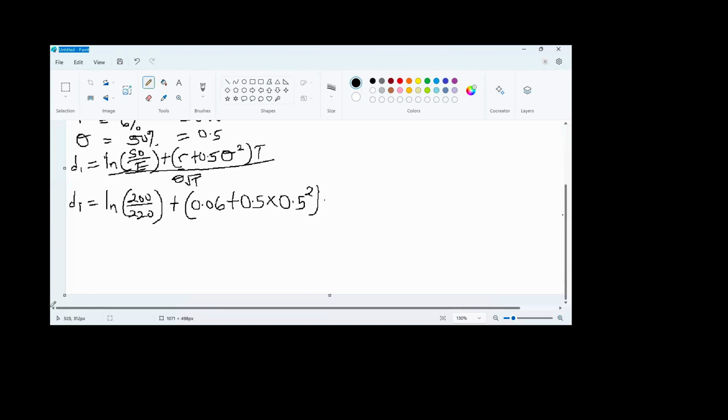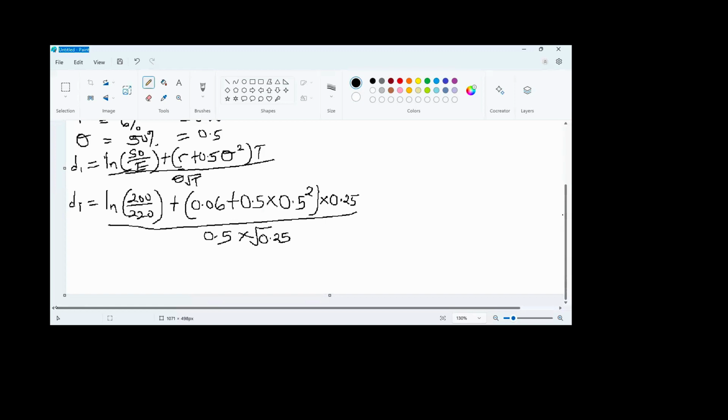Multiply by the T, 0.25. Then everything all over 0.5 multiply by root of time 0.25.